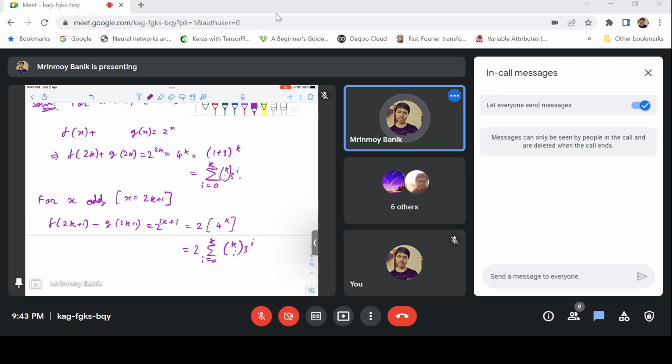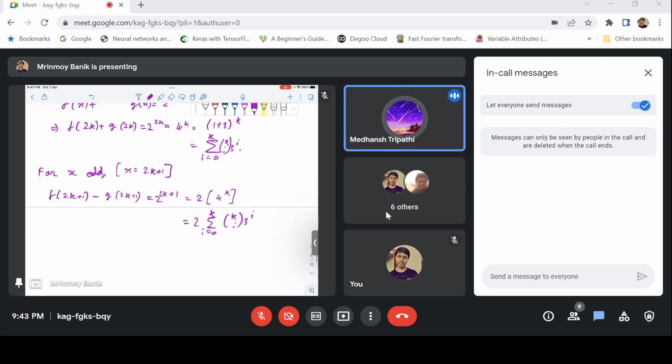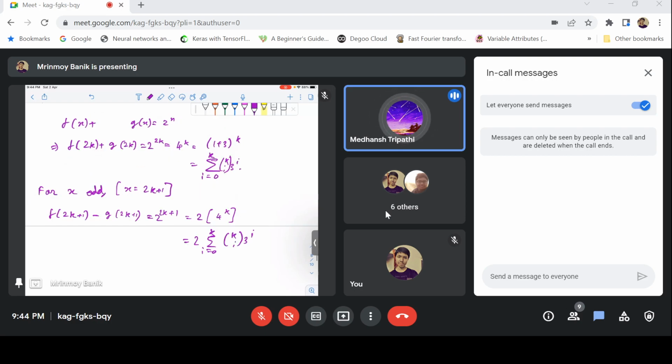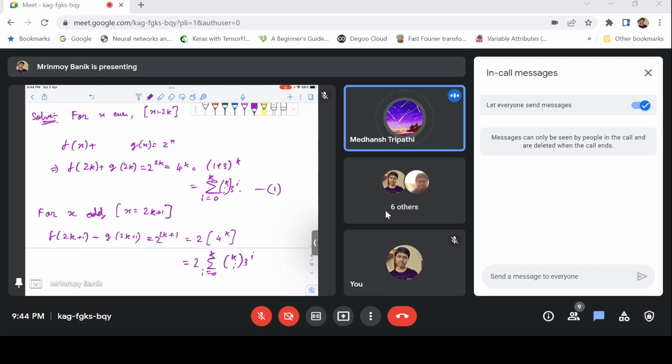Now what to do? We can assume the coefficient to be something, and since g is a polynomial, we can subtract those two equations and get the coefficient.